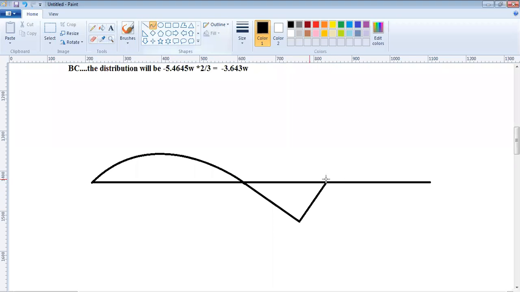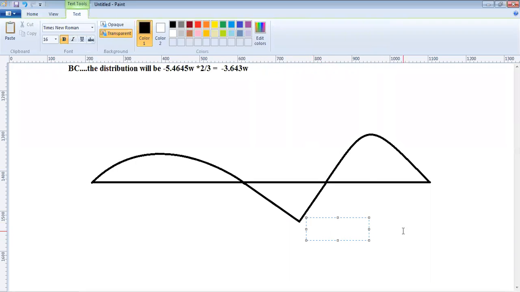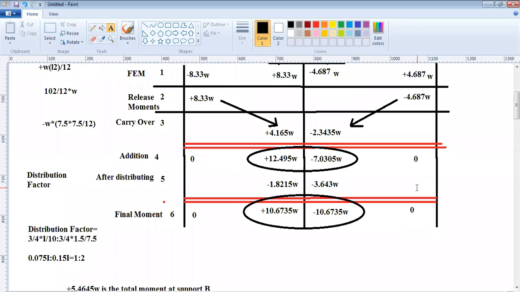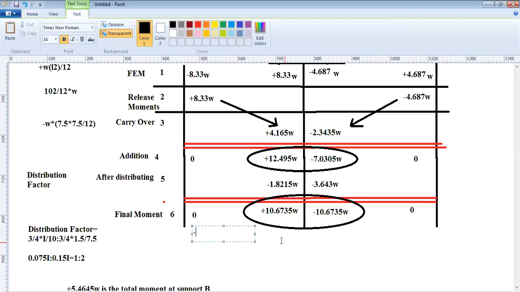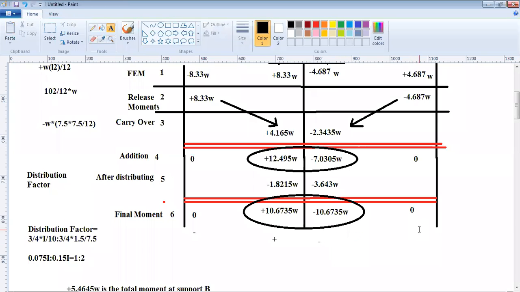Again, the hogging side, and then again the sagging side. So what is the moment at support B? Because it's hogging. How did you realize it's hogging? By convention, this should have been A, B. At this point, it should have been negative, then this should have been positive, then this negative, then this positive.